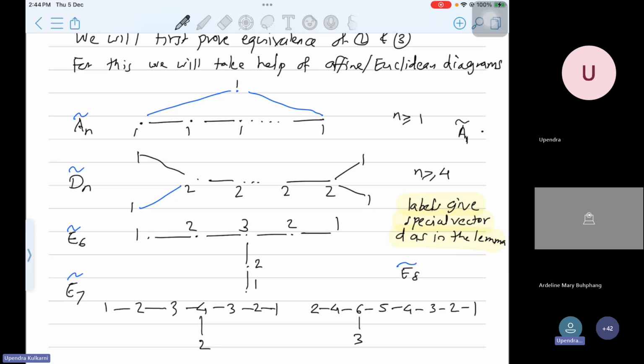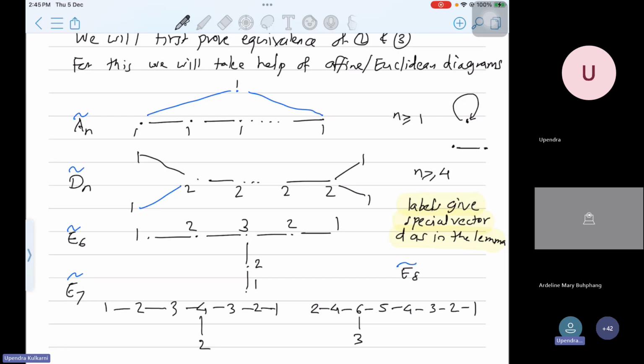I'm getting a bit confused with the terminology over here. I don't think we defined A0 tilde. We just defined A1. A1 tilde is going to be just one vertex and a loop over here. And A2 tilde, what does that mean?